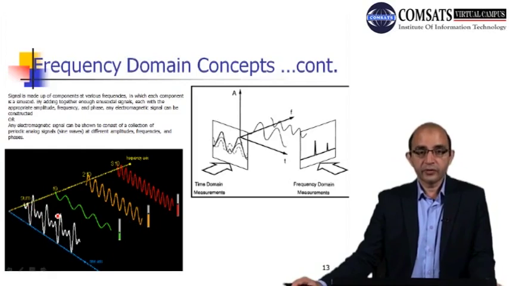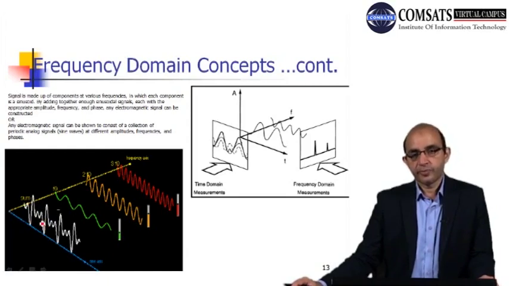Or in other words, if I have this signal in time domain, and I want to know what different frequency components are present within this signal, I need to switch from time domain to the frequency domain. So how can I do that? I will be using Fourier as a tool, and I will be analyzing the signal by using Fourier, right?